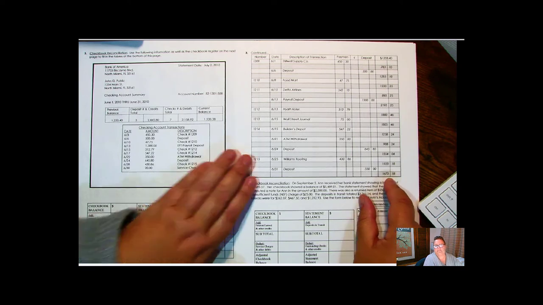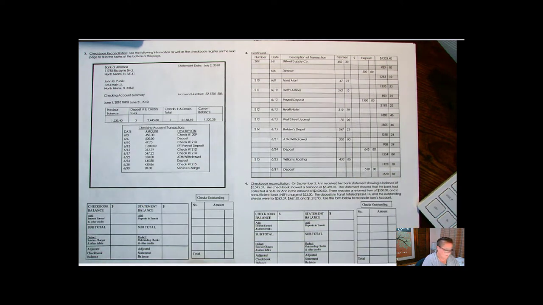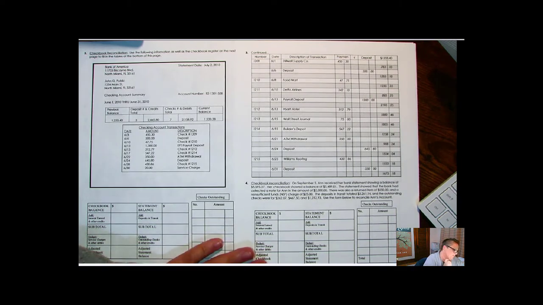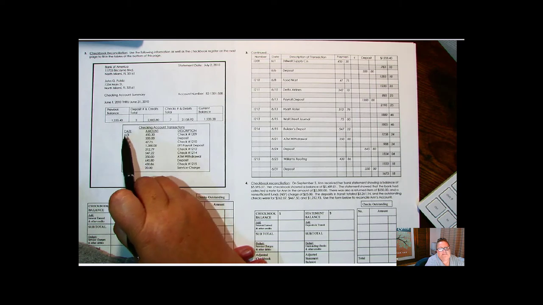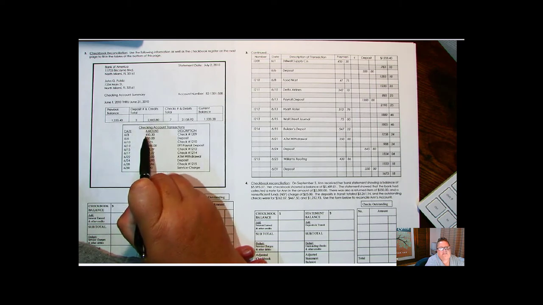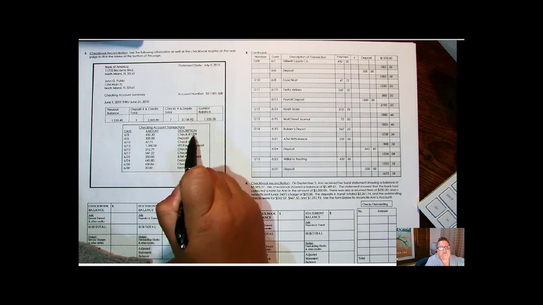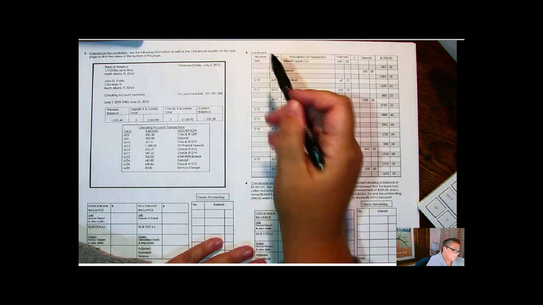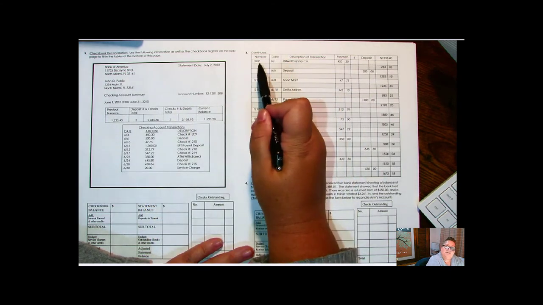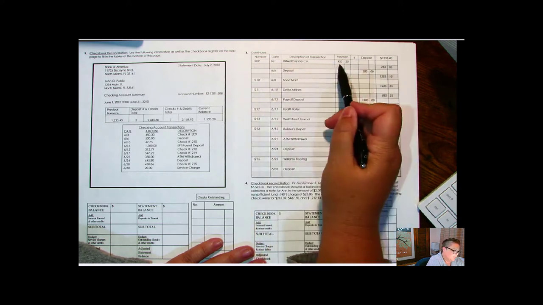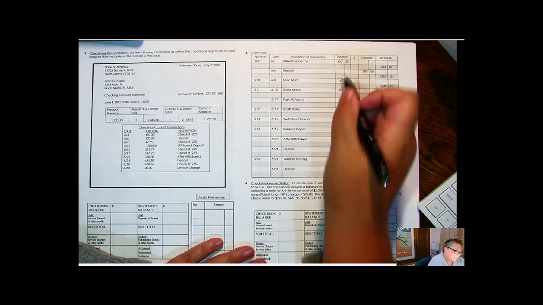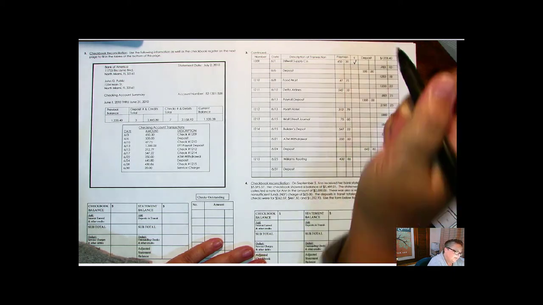Okay? So how does this work? Well, first we're just going to check things out. So what I'm going to do is start with the bank balance. And I'm going to see that on 6/3 there was a checking amount of $450.30 for check 1209. I'm going to then check the check register for check 1209, and I'm going to make sure it was $450.30, and I'm going to put a check mark there.